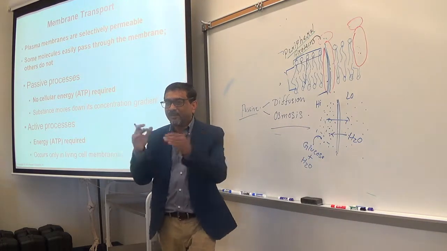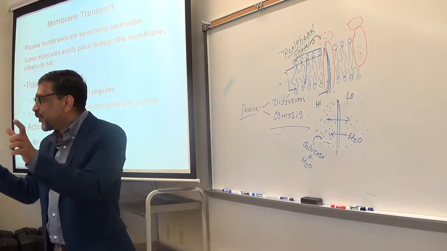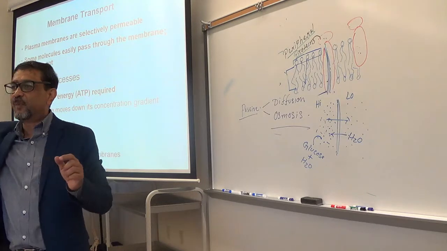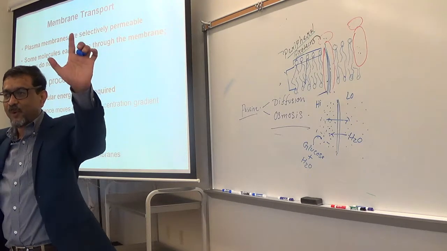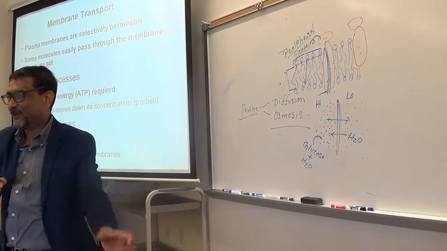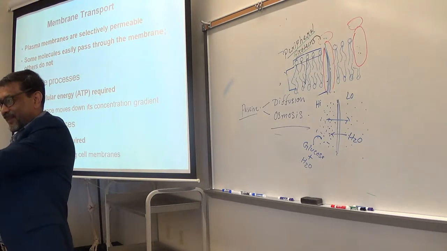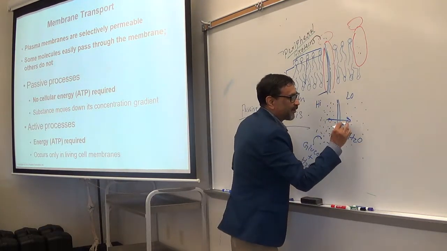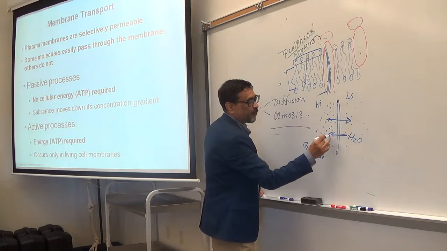To bring what? Equilibrium. Same concentration in both sides. Very simple. This side you have more glucose, this side you have more water, less glucose. The glucose should move from this side to this side, water should move from this side to this side. Make sense? So this is called diffusion and this is called osmosis.